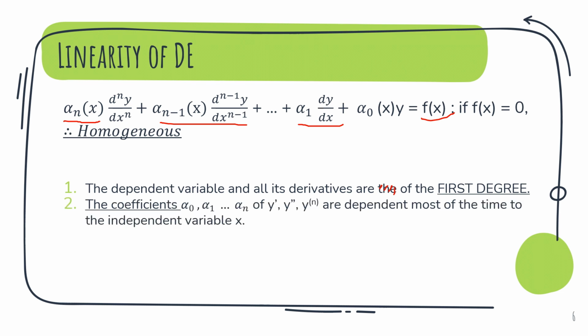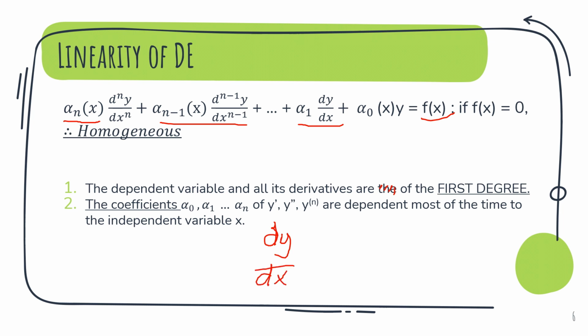So, next naman natin ay the coefficients like a sub 0, a sub 1, until such then na makarating tayo sa a sub n of y prime, y double prime, or the nth derivative of y are dependent most of the time to the independent variable of x. Kasi most of the time ang nagiging example lang ay dy over dx.